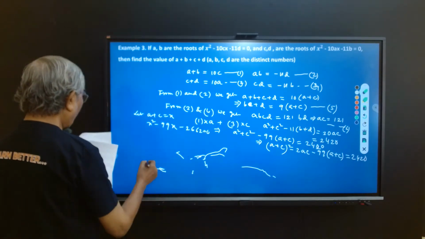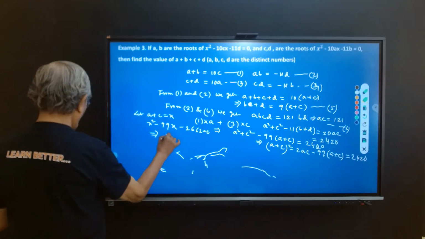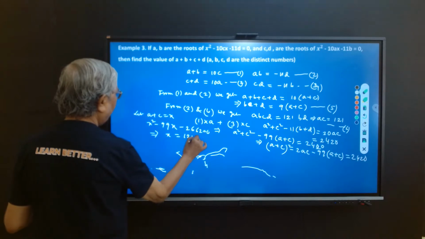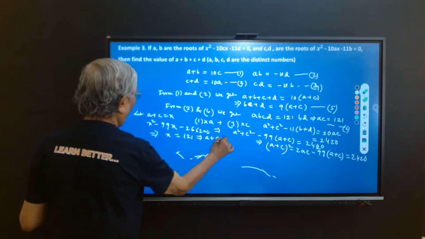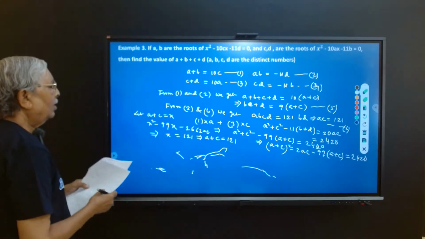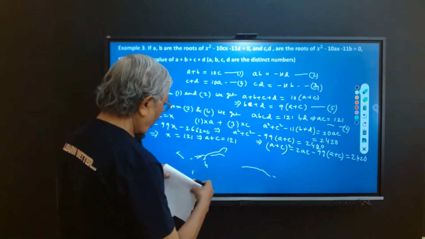From this you can find x is equal to 121. That is, A plus C equals 121.